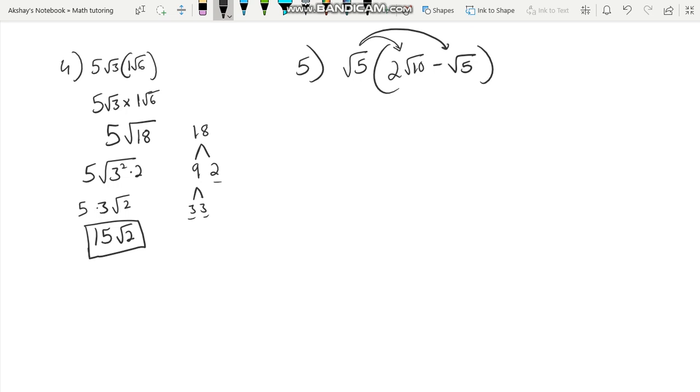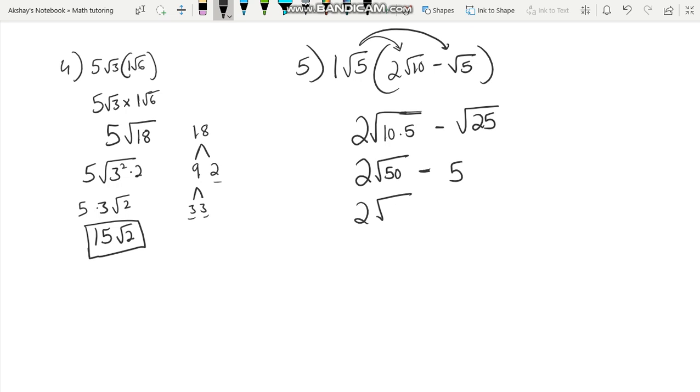So let's start with my first one. 2 times 1 gives me 2. My radicands are 10 and 5, so 10 times 5. Now I have my minus, and I have 5 times 5, which is 25. Now my next part would be expanding. So I have 2 root 50 minus 5, since I know the square root of 25 is 5.